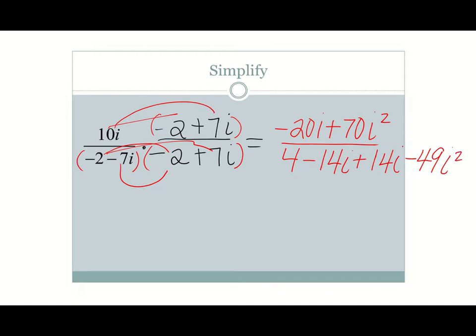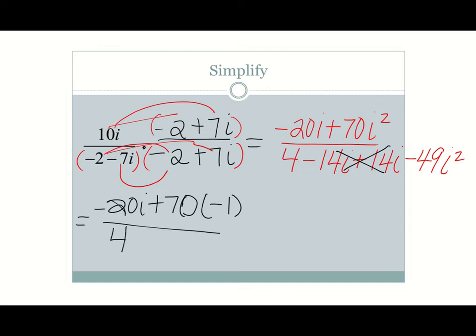So now it's just going through and simplifying. My two middle terms here are going to cancel. So I'm left with negative 20i plus 70 times negative 1 divided by 4 minus 49 times negative 1.